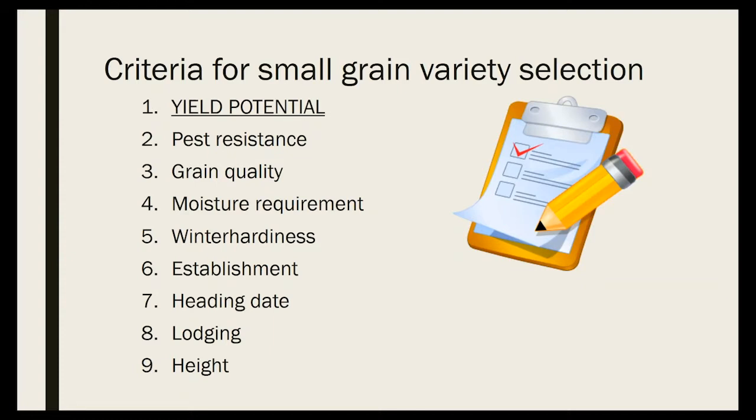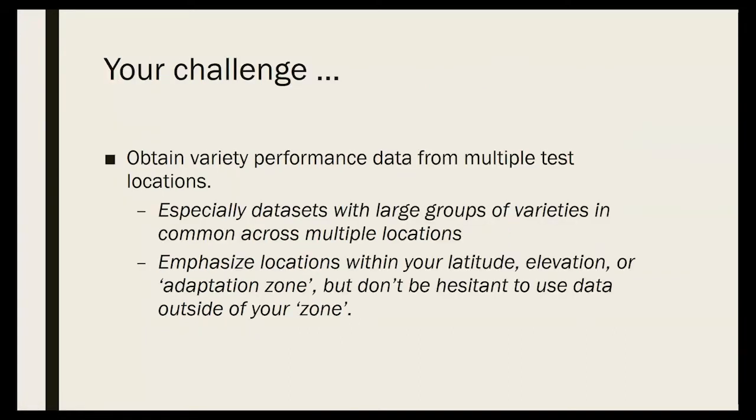You've got how much moisture is required to grow this particular crop. You've got the winter hardiness. Will it survive the winter and cold temps? We've got how well will it establish? When does it head? Is it going to lay down or lodge? And how tall does it get? All of these are important criteria to weigh, and there's even more that we have to look at. So it can be pretty complicated in choosing the correct variety.